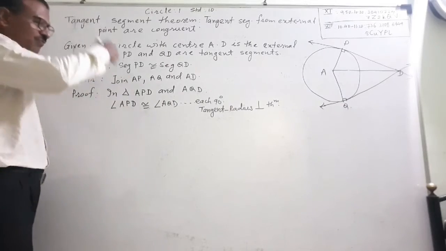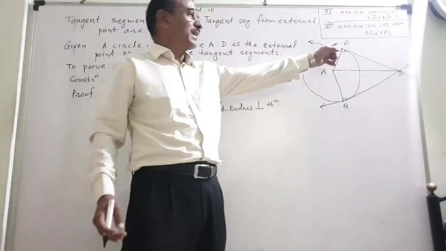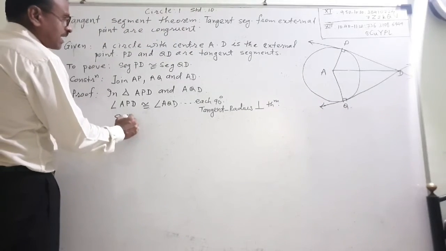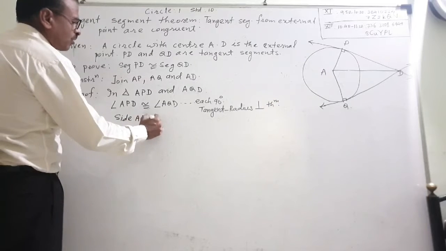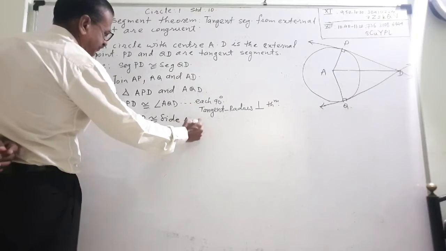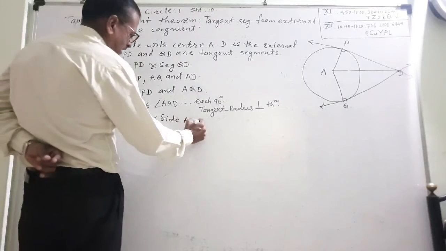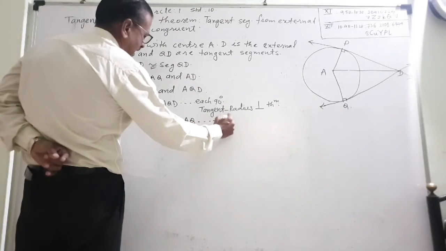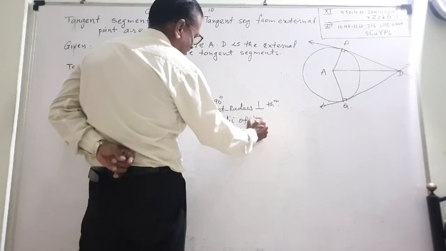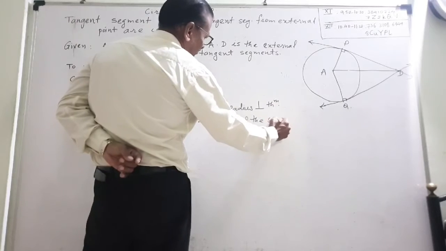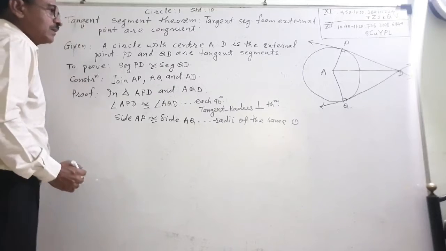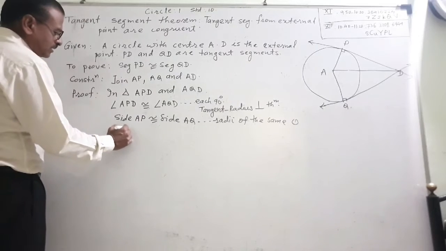Now from this, what I understood is that this is a right angle triangle. Side AP is congruent to side AQ. Reason: these are the radii of the same circle. Now, hypotenuse.